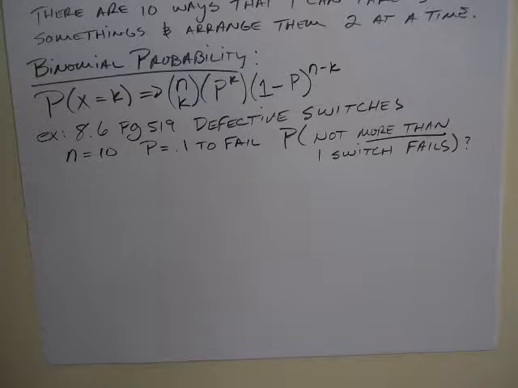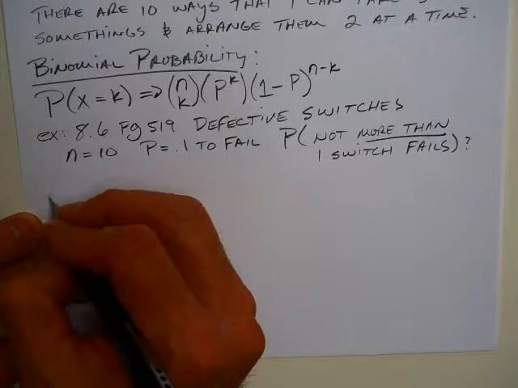"No more than" is an important idea in this. So what we're really asking here is not the probability that one switch fails, but what's the probability that one or zero switches fail, because it's not more than one. So we have to look at this from an inequality point of view.